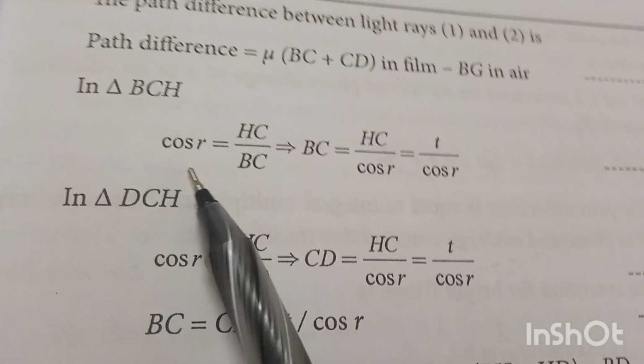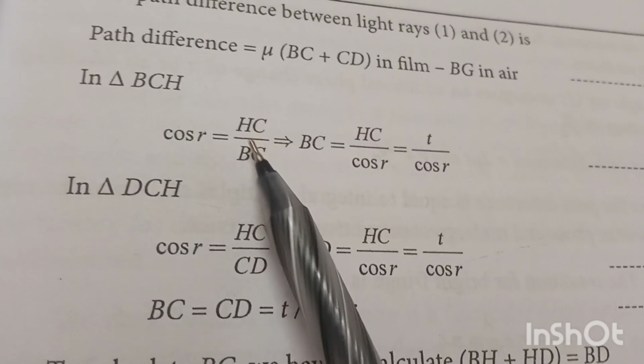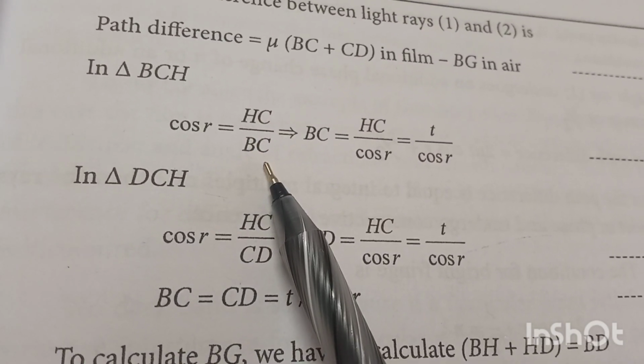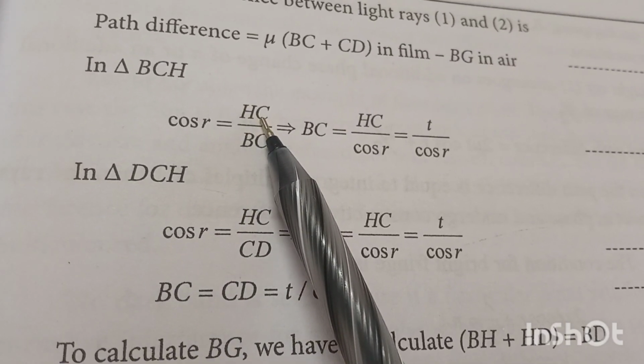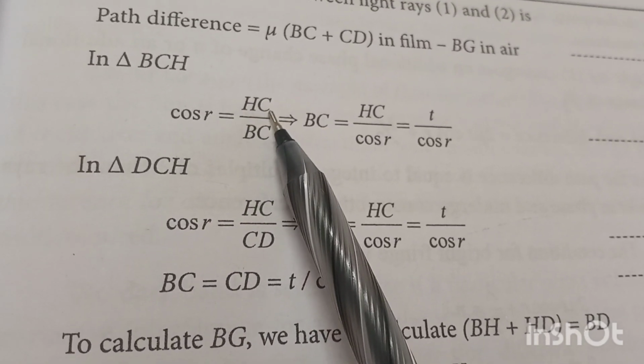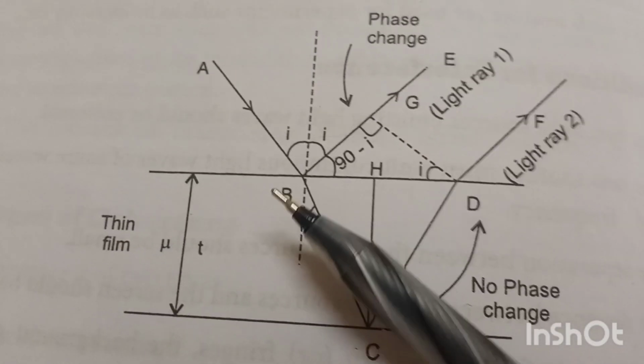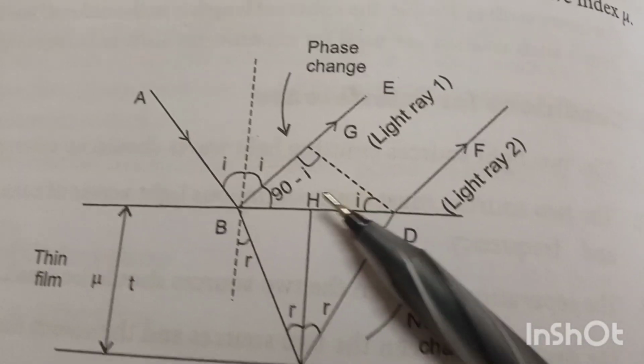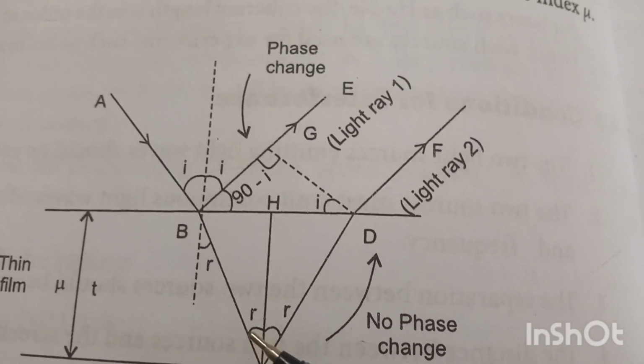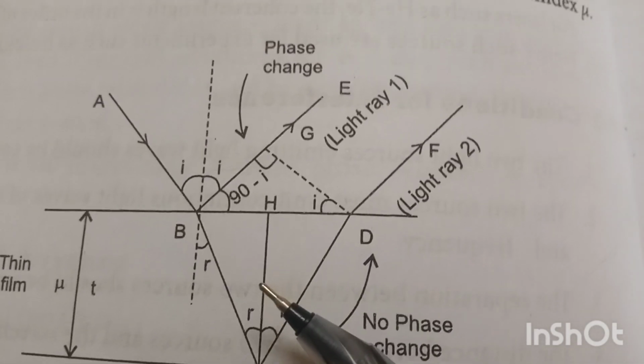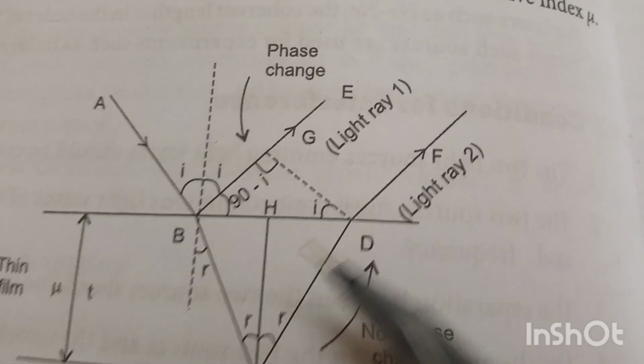From the triangle BCH we can write cos r is equal to HC by BC. So HC, we know, is the thickness of the thin film. Here the distance from H to C we can consider as the thickness of the thin film. So that's why HC can be taken as small t.